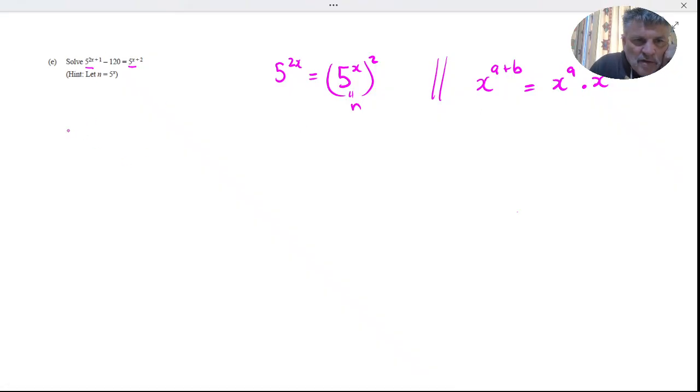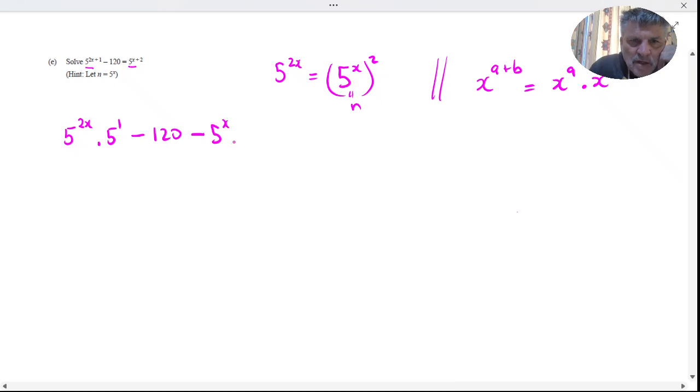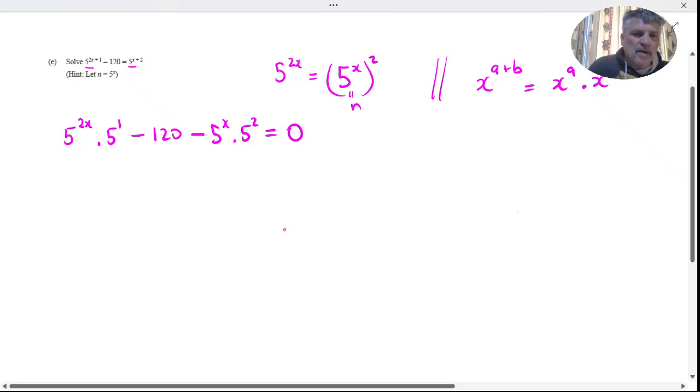So let's go about that. This is 5 to the power of 2x times 5 to the power of 1 minus 120, and I'm going to shift this on the other side, minus 5 to the power of x times 5 to the power of 2, and that's equal to 0.